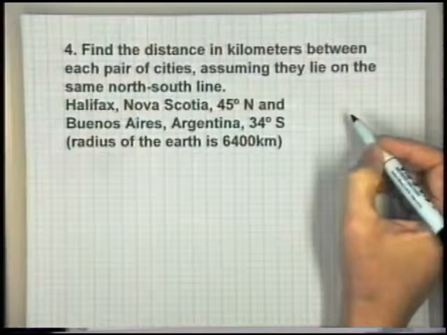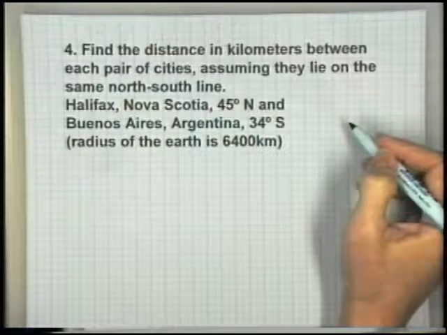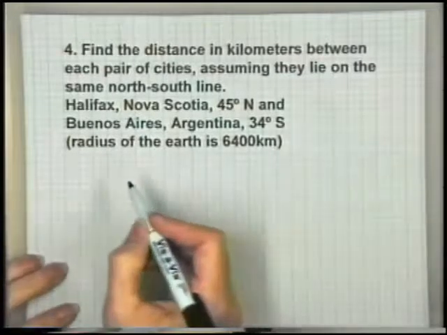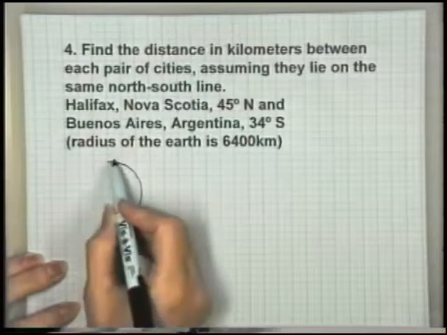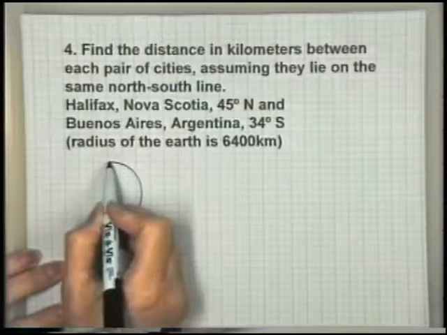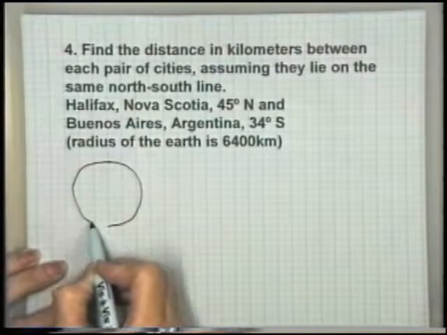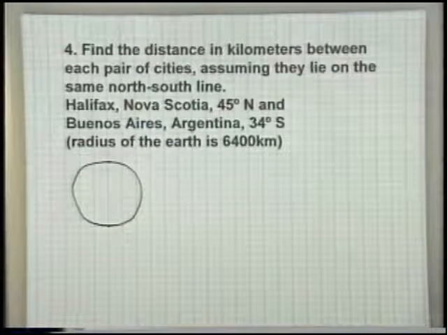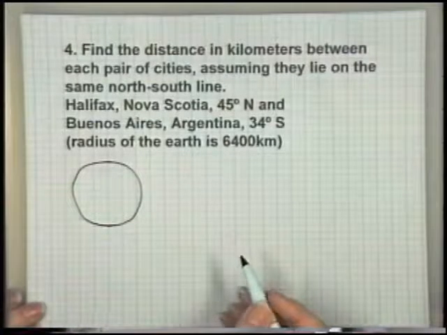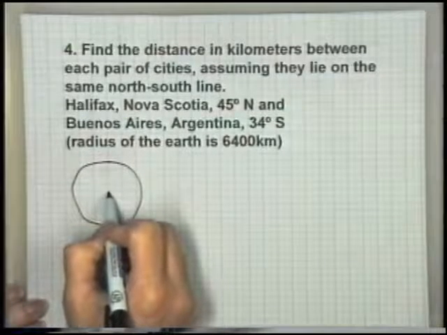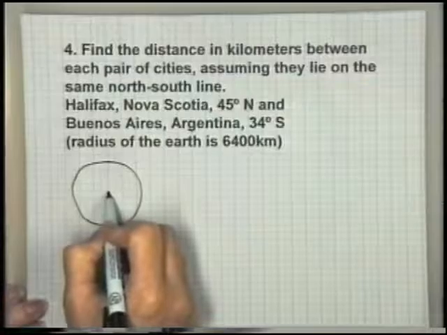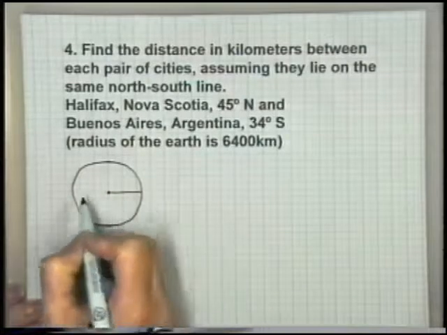And so we take our Earth, or imagine a globe, and we take a cross-section of it so that that north-south line is represented here. And I'll go ahead and complete a cross-section of our Earth, which is a sphere, would be a circle. And we'll put the equator right here.